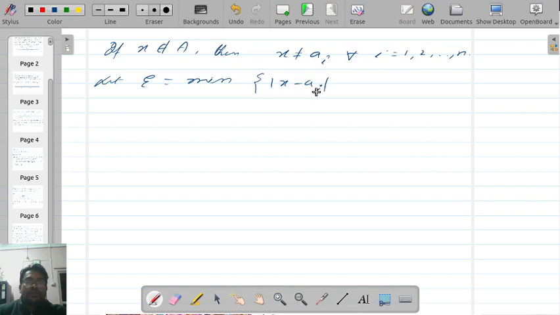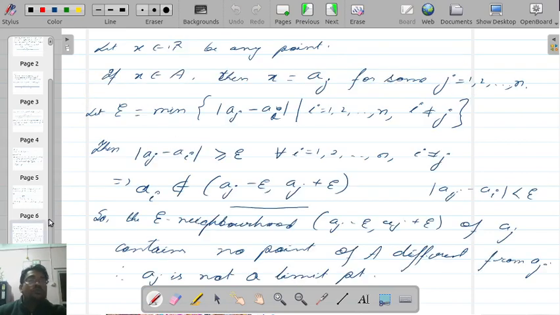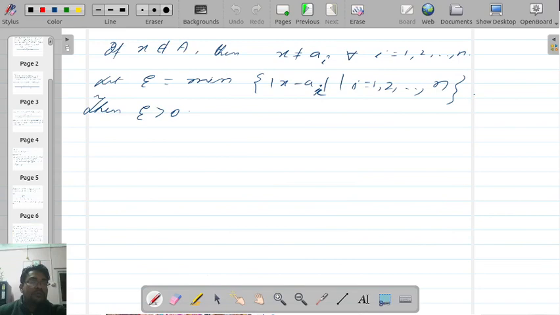I am collecting the distances from x to a_i, such that i goes from 1 to n. Then epsilon is greater than 0, because x is not equal to a_i. Sorry, I forgot to write that here also. So here also epsilon is greater than 0.